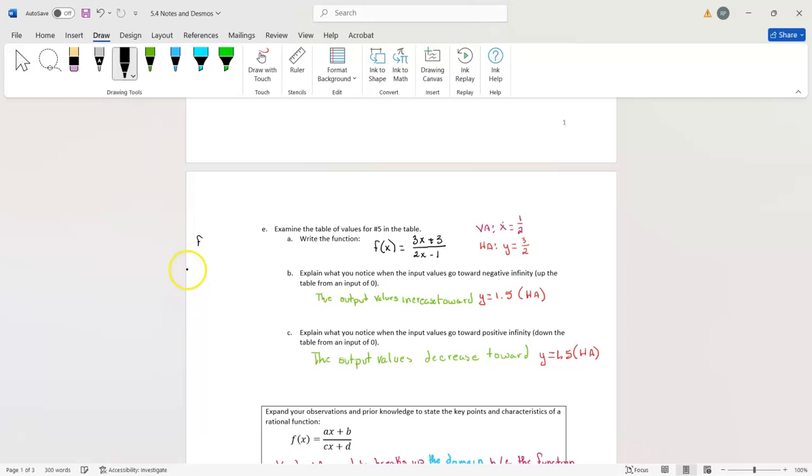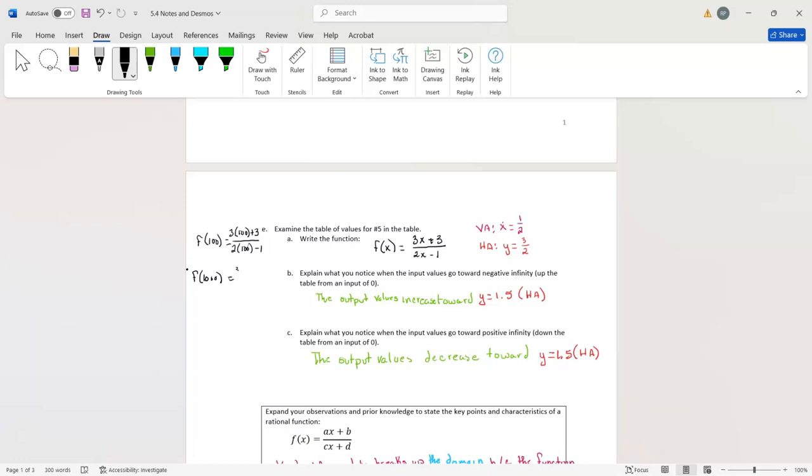So if, for instance, I wanted to do f of, let's just say, 100. Now we have 3 times 100 plus 3 over 2 times 100 minus 1. If we're thinking about money, we have $300 plus 3, so $303 divided by $199. But if we make this number get really large, let's now talk about 1,000.